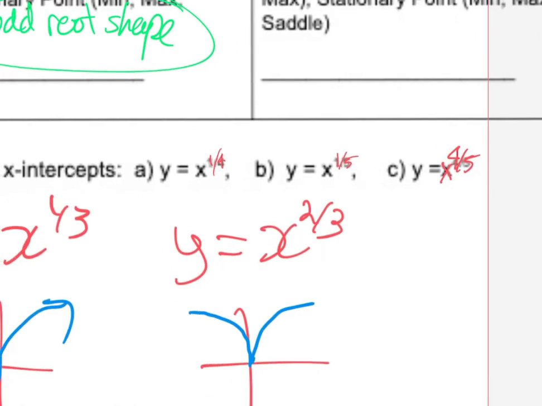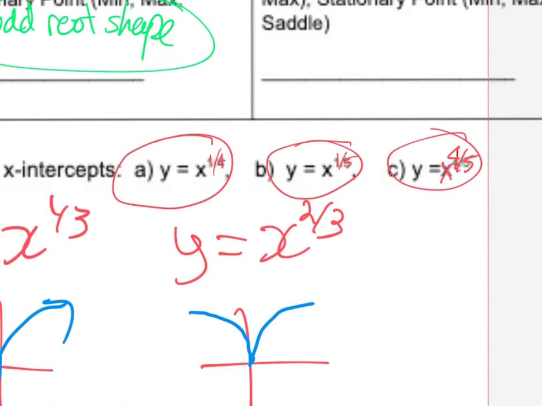Try to graph each of those. Use your calculus to get the shape on either side. Go ahead and try that, and you can use Desmos to see if you're right or wrong. Take the derivative, do that table, and then see what the shape of the curve is on either side of the x-intercept of x equals 0.